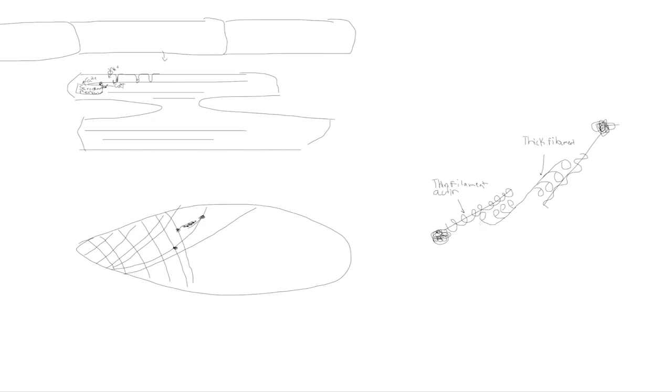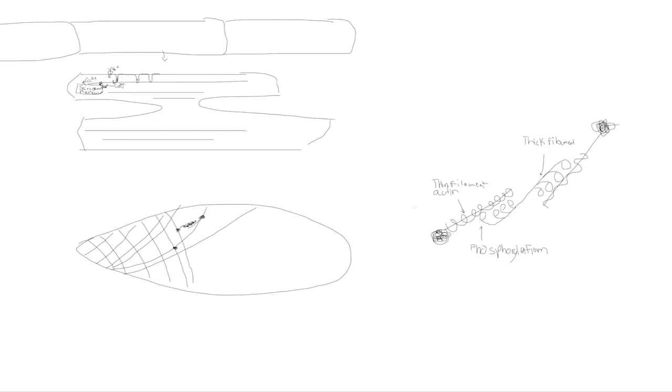In this case, what actually moves, or is believed to move, the tropomyosin is phosphorylation of these myosin heads. Okay.